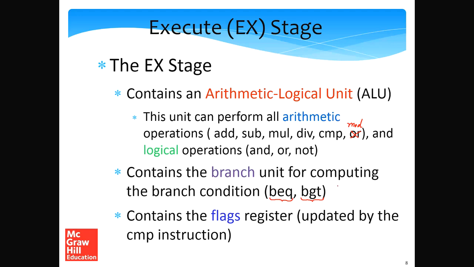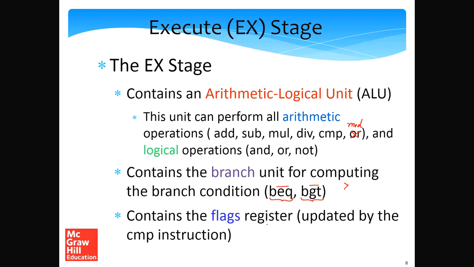If the last comparison has resulted in an equality, then the BEQ condition will be true. Otherwise, if the last comparison has resulted in a greater than, then the BGT condition will be true. This is also done in the EX stage. The EX stage also contains the flags register, which is updated by the compare instructions.